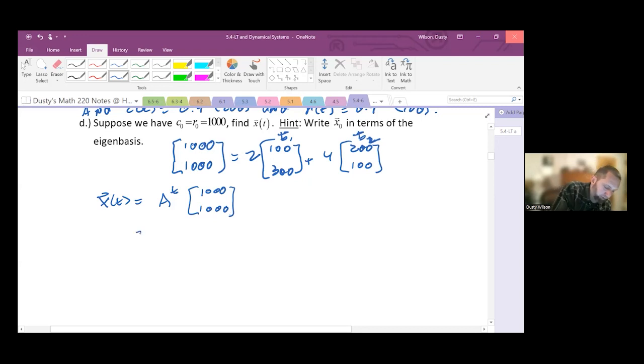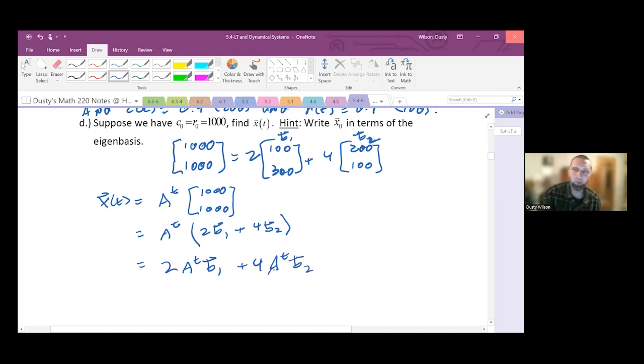But this would be equal to A to the tth power times 2b1 plus 4b2, which would be the same thing as 2 A to the t b1 plus 4 A to the t b2. And remember, what kind of vectors are b1 and b2? Those are our eigenvectors.